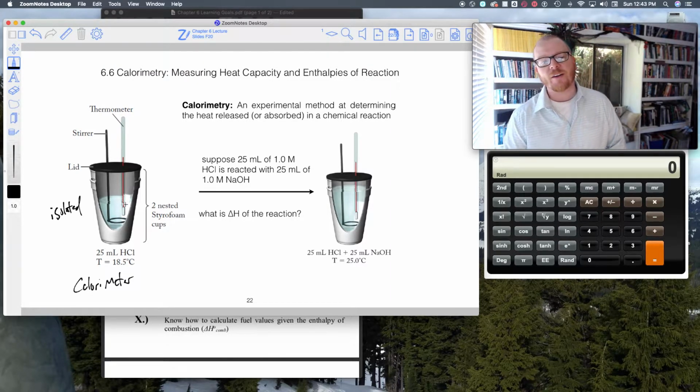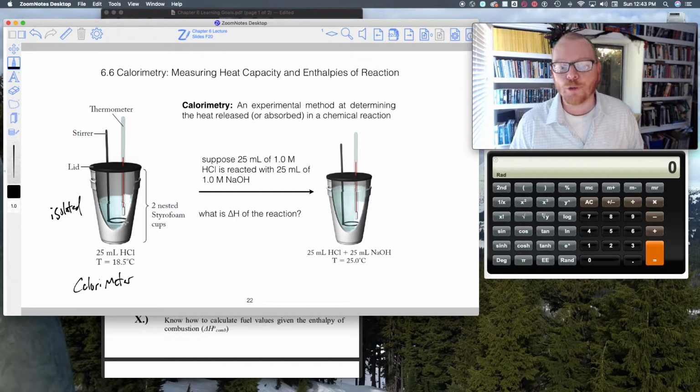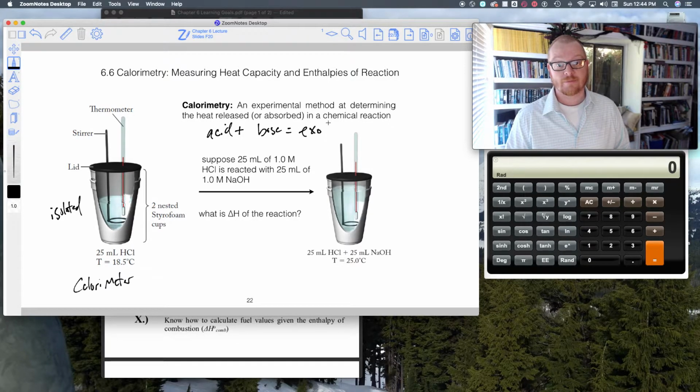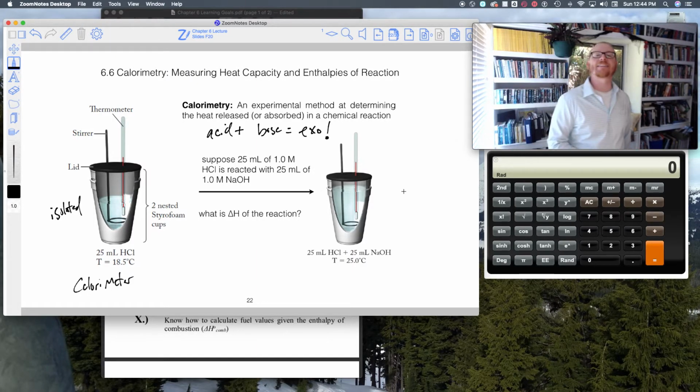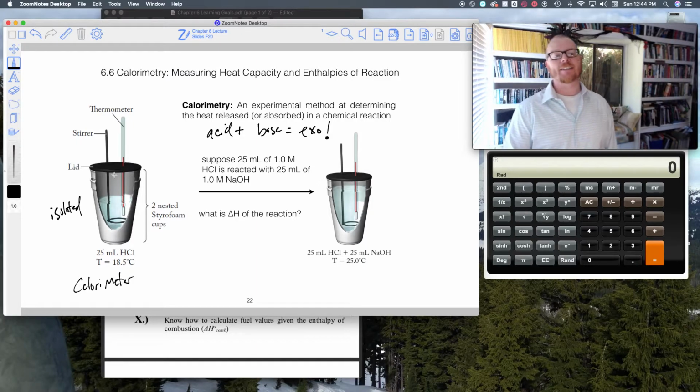And so let's think about this for a moment. If there's an exothermic reaction in an isolated system, it's going to cause the heat to rise, right? Because if there's this exothermic reaction going on, which, by the way, acid plus base is an exothermic reaction, this wants to release heat, but because it's in this isolated container, it can't release heat.